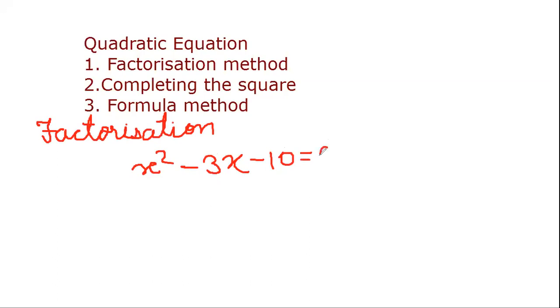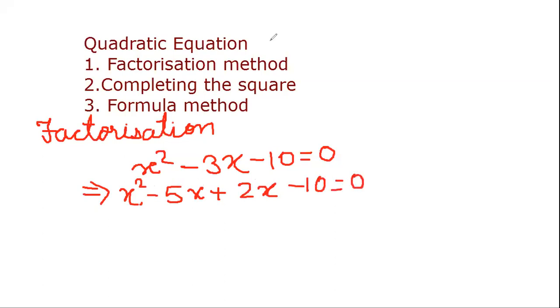Then just find two numbers whose product is minus 10 and whose sum is minus 3. 5 2s are 10 and 5 minus 2 is 3. So x square minus 5x plus 2x minus 10 equals to 0.